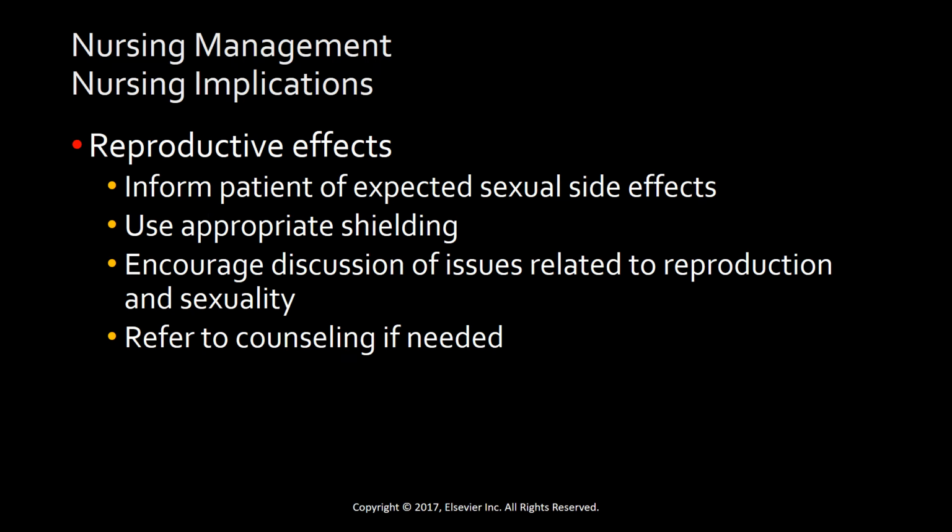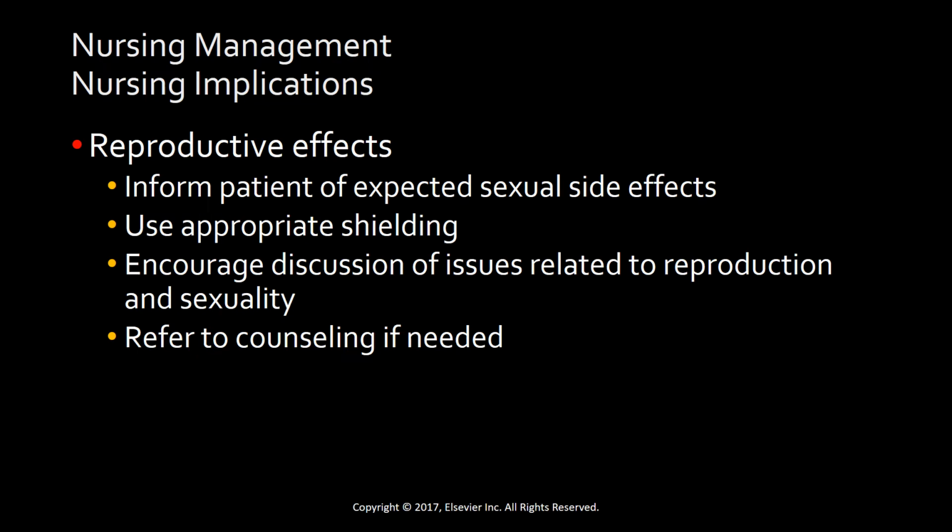Reproductive effects caused by either chemotherapy or radiation vary depending on the radiation treatment field and dosage, as well as the chemo agent and dosage, and the person's age and what they have going on with their reproductive system. Treatment can cause temporary or permanent gonadal failure.